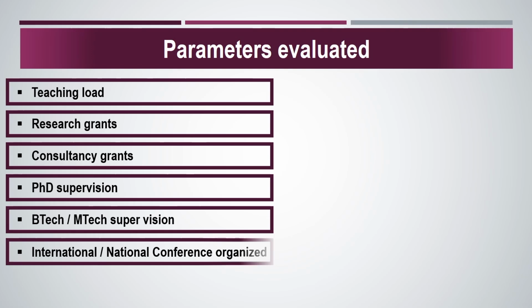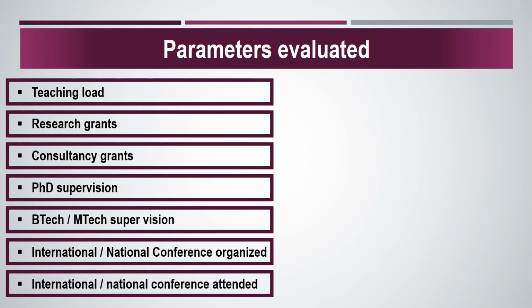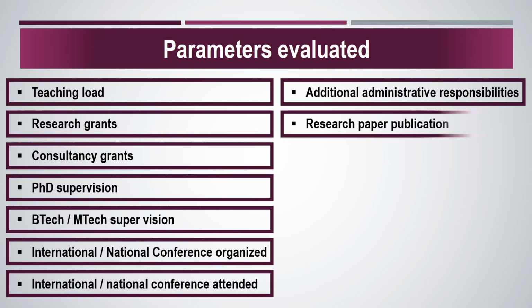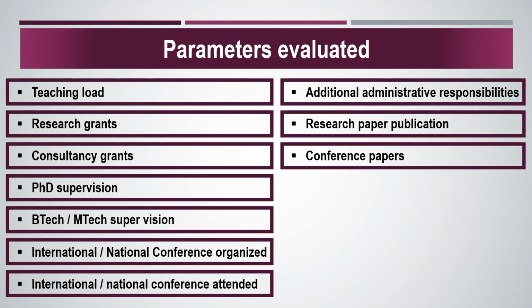Then, how many national and international conferences he has coordinated during the last calendar year. How many national or international conferences he has attended is another parameter. Then, what additional administrative responsibilities he has taken? Then, what research papers he has submitted during his period? What conference papers he has submitted or published?